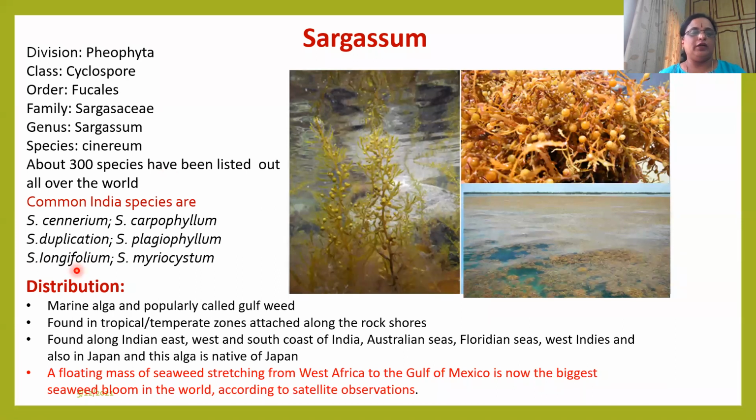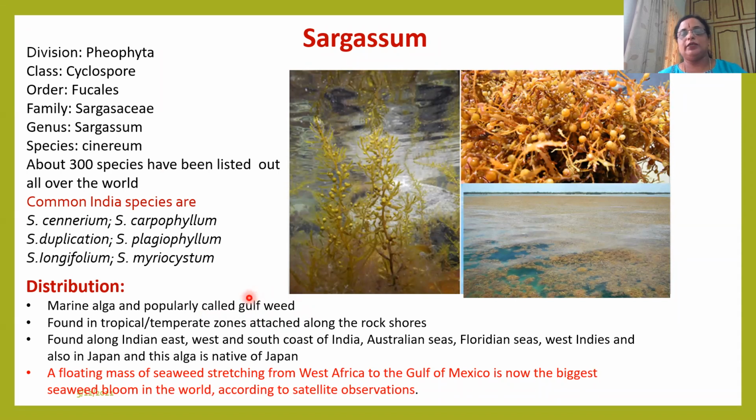Sargassum, as I was mentioning, is a marine alga, that is, you can find it in the ocean only, and it is popularly called Gulf weed.